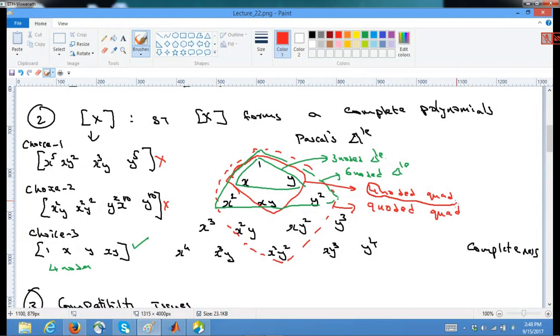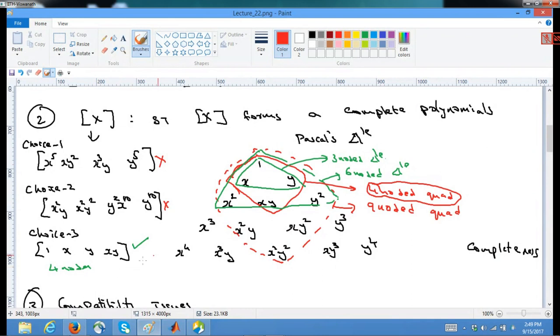I have to take 1, x, y, and x y. Any combination of the elements lying within this box will give you the best possible choice of your basis function. If this basis function is chosen, then this is complete.